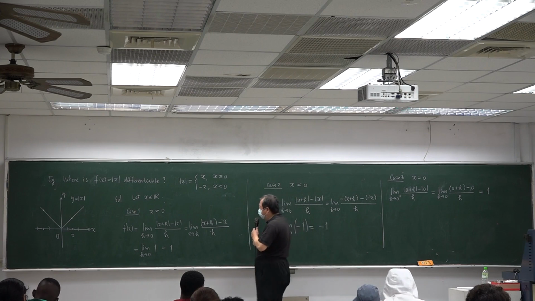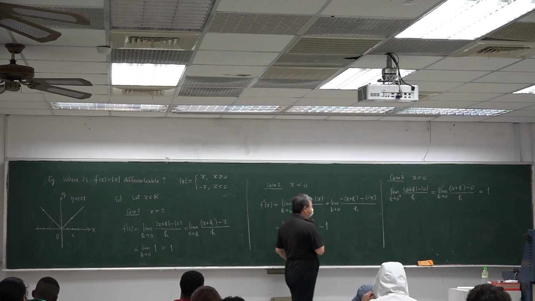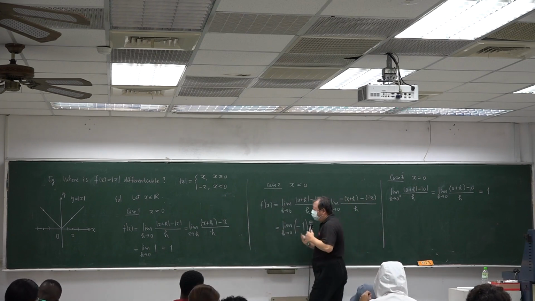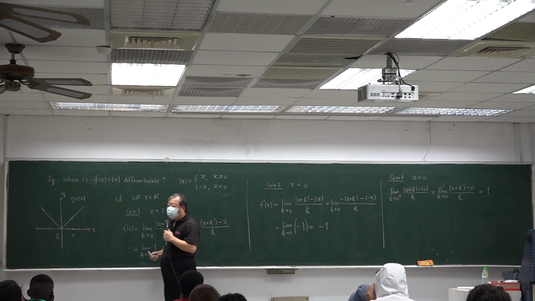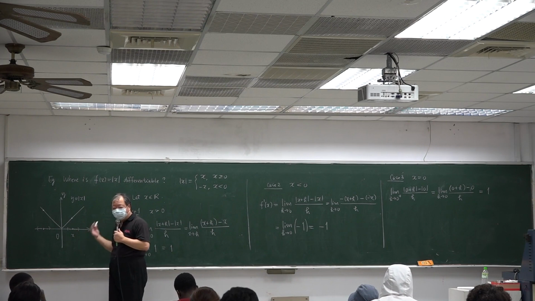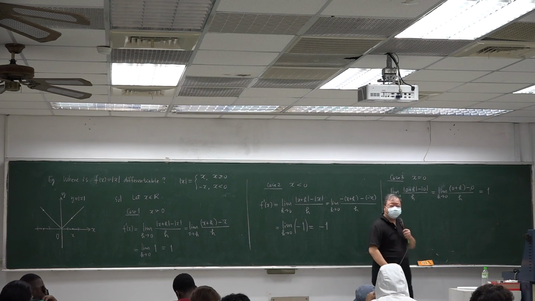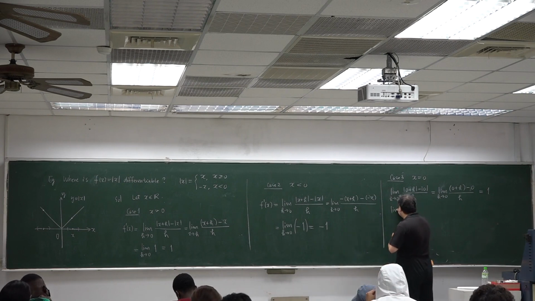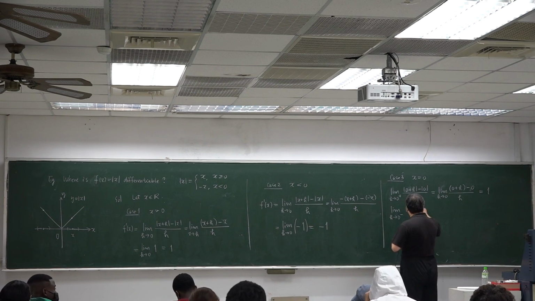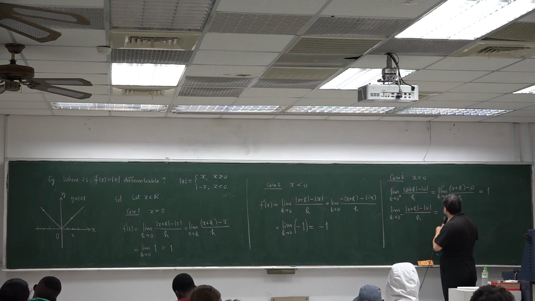So this is almost the same as in this case. Or you can say the right derivative of the function at 0 is 1. Now, h is negative.